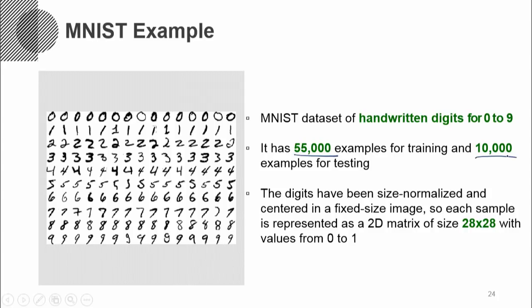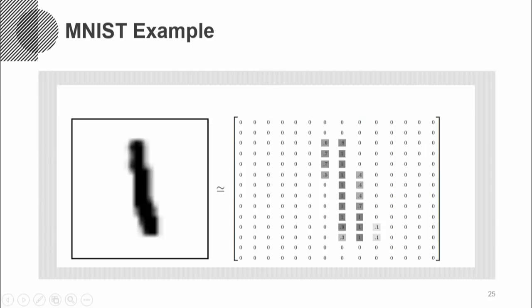These digits have been size normalized so that their image sizes are all 28 by 28, and these input images are represented as a 2D matrix containing the pixel values corresponding to these image sizes.